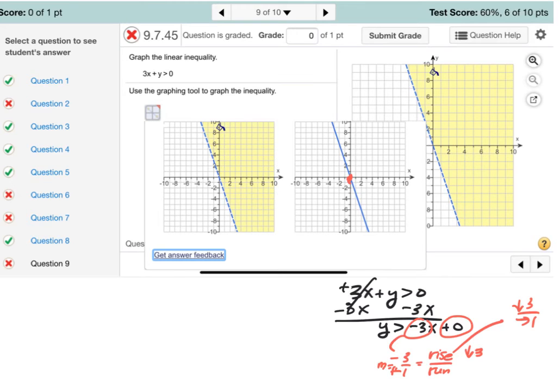So we go down 1, 2, 3, to the right 1. And then we have a strict inequality, strictly greater than, so that implies that we have a dashed line. So we'll draw a dashed line here.